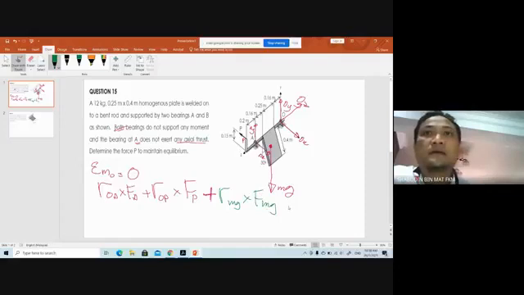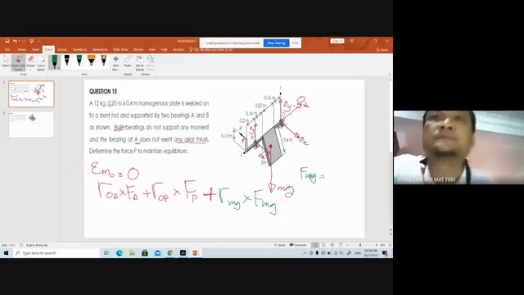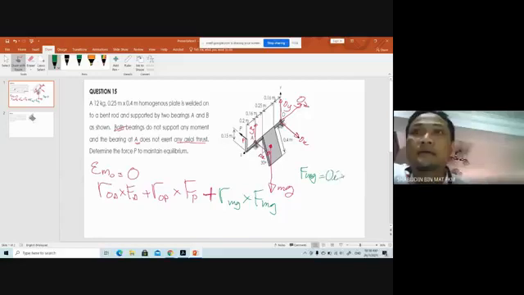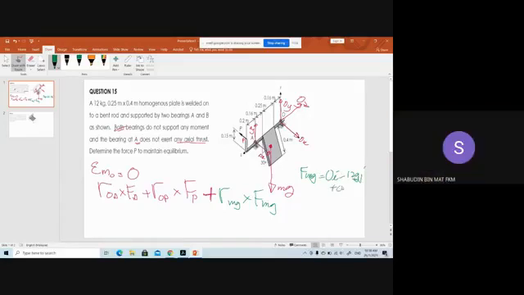Force mg is simply 0i minus 12gj plus 0k.